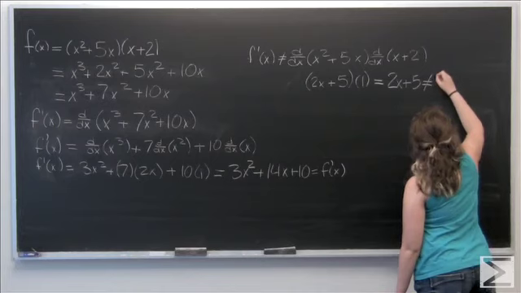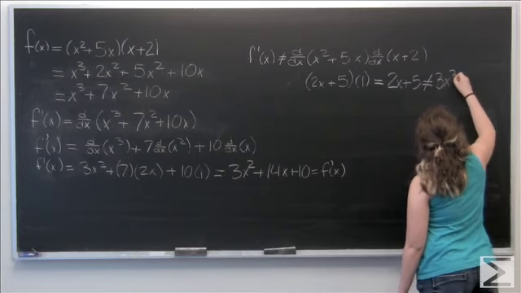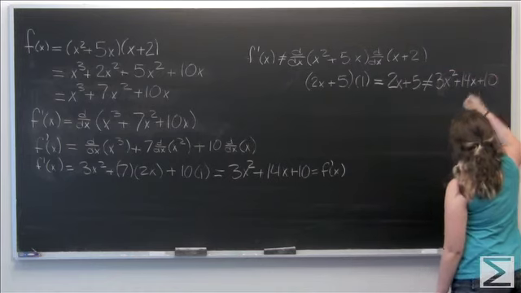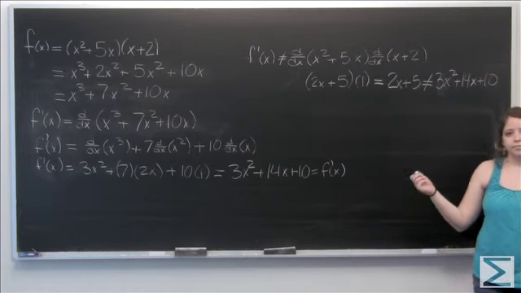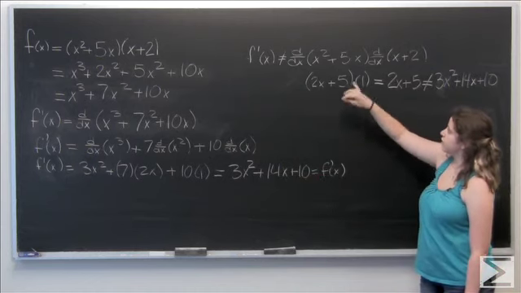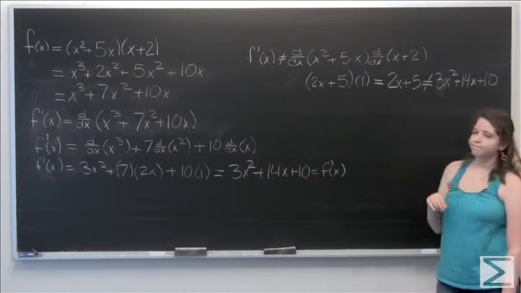Oh, that doesn't look nice. 3x squared plus 14x plus 10. So that shows you that this is our derivative and that you can't just take the derivatives and multiply them together. There you go.